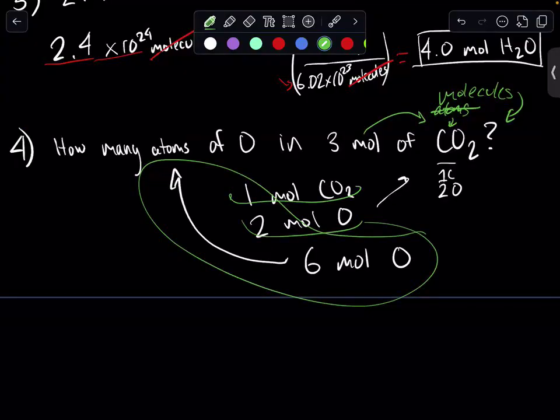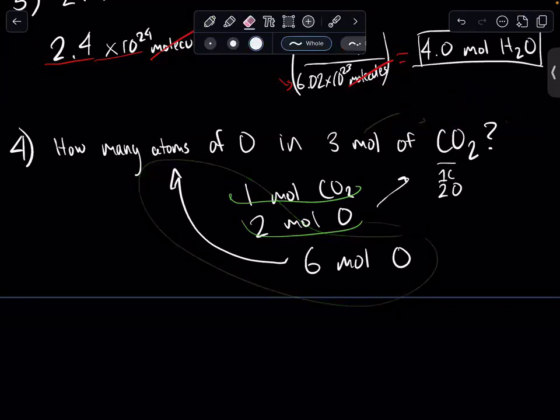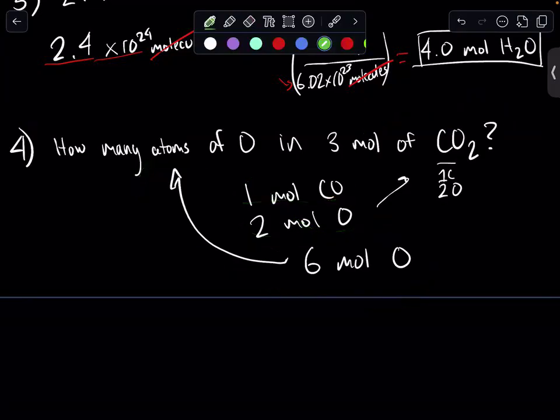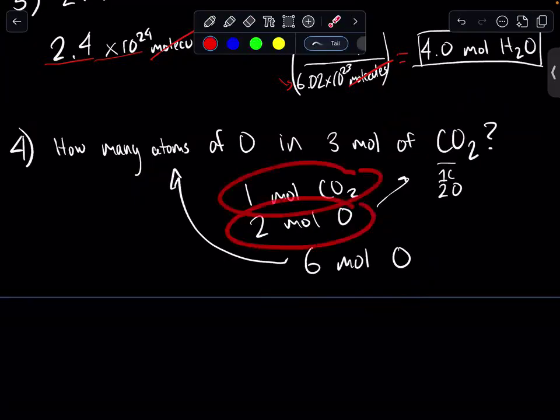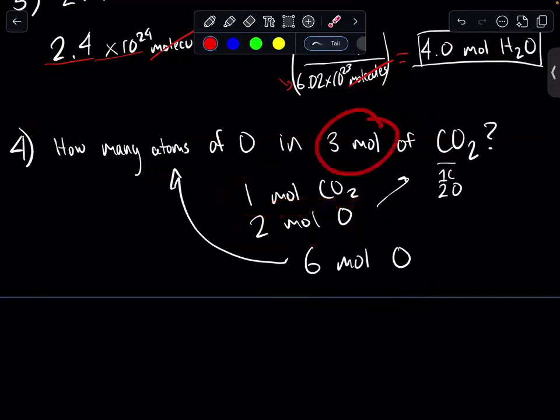So I recognize that for 1 CO2, I have 2 oxygen. I'm going to actually just clear this up a little. So once again, I'm recognizing for 1 mole of CO2, I have 2 moles of oxygen. Therefore, for 3 moles of CO2, I have 6 moles of oxygen. So I'll go ahead and start with 6 mole oxygen.